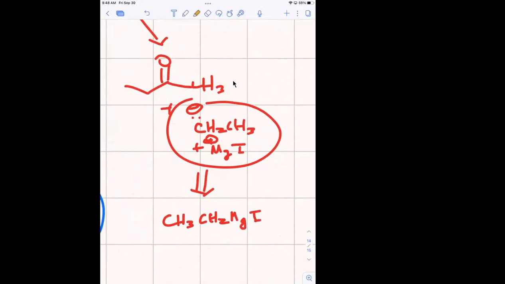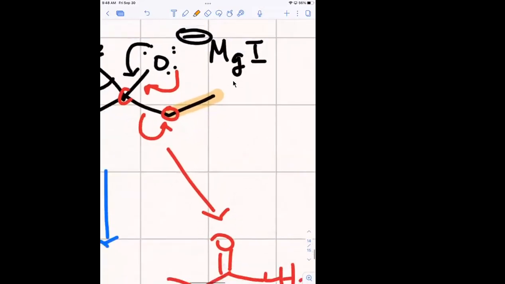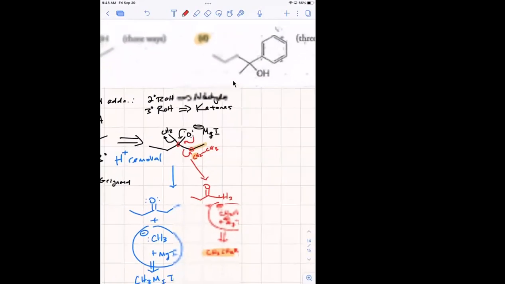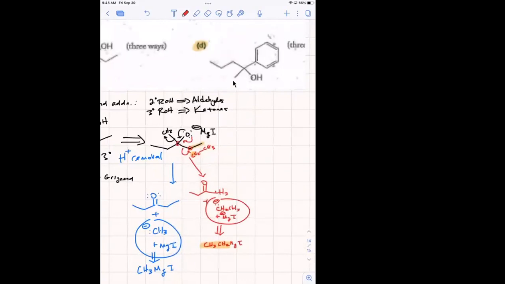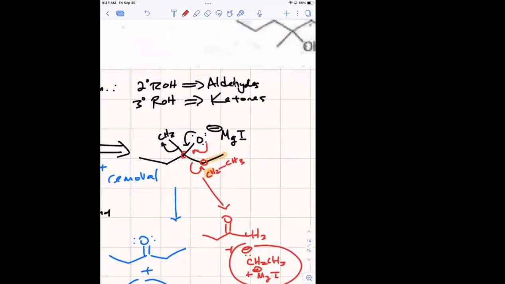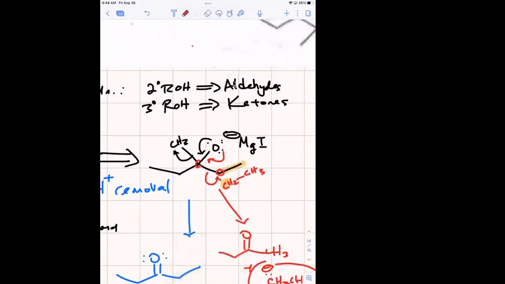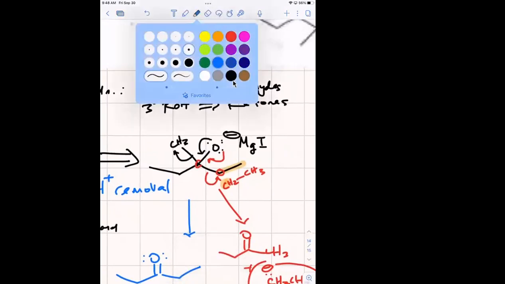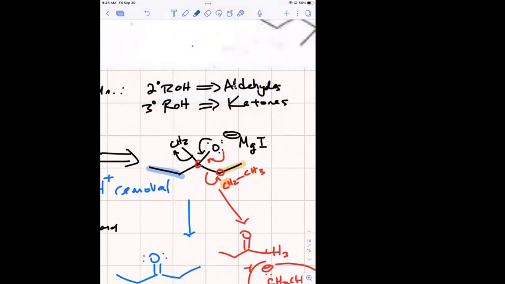The reason I wrote this out is because I want you to see that that's the same as here. This is a CH2, and that's a CH3. It's an ethyl group, right? Other side, if we did it on the other side, it would be the same thing. Am I right? If we knock this ethyl group off on this side, it would be the same arrows, just in a different direction. Is that right?